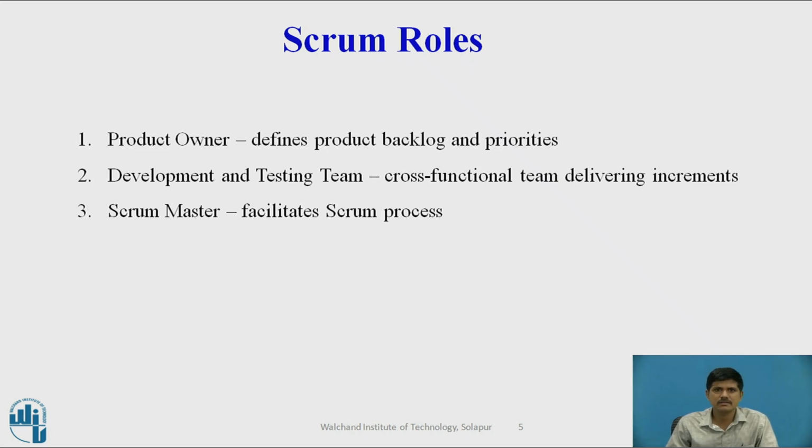Here the Scrum Master is neither a technical person like a developer or tester, but he is the person who is going to take care of and interact between multidisciplinary teams. He facilitates the interaction between each and every team, so the Scrum Master plays a very important role in the Scrum methodology.